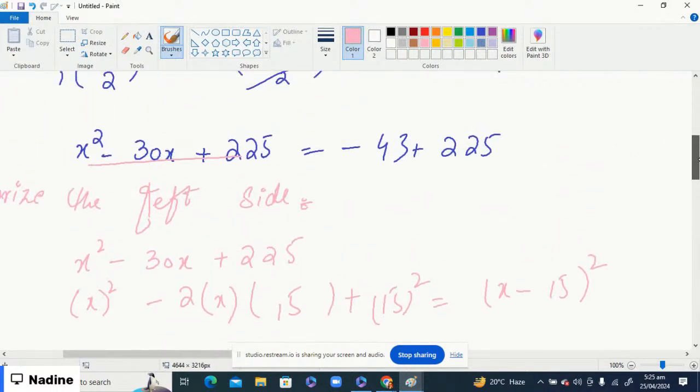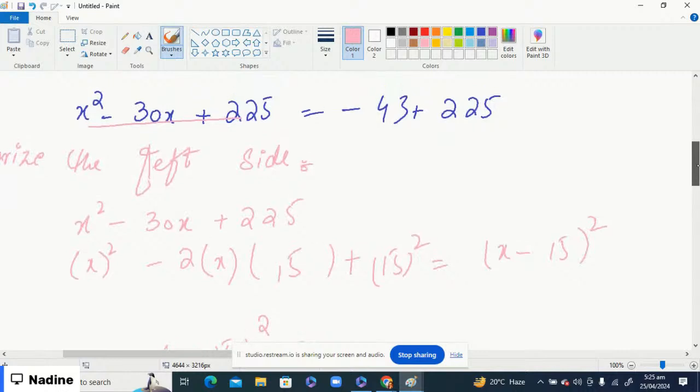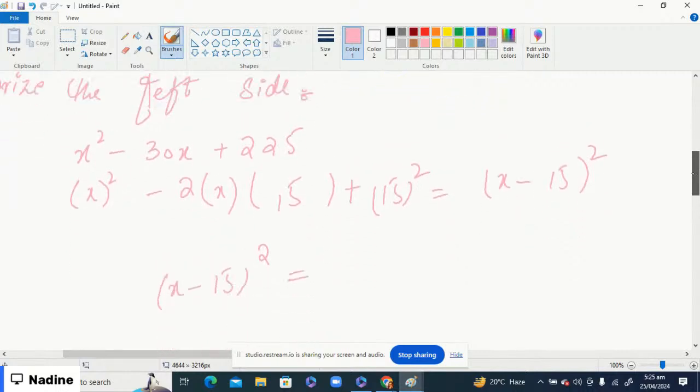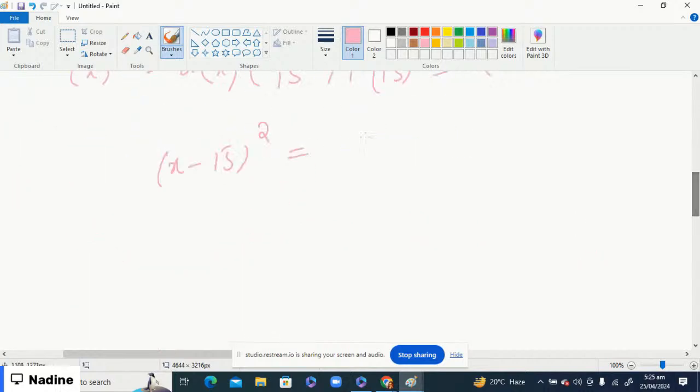And then in place of minus 43 plus 225, when we are subtracting, we are getting the answer 182. Next step, taking square root on both sides.